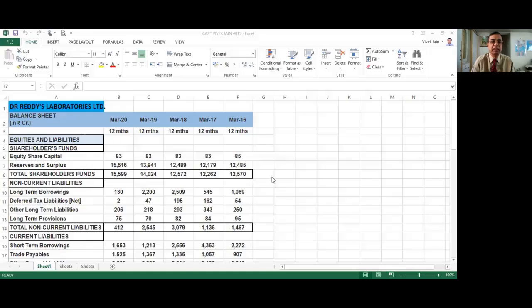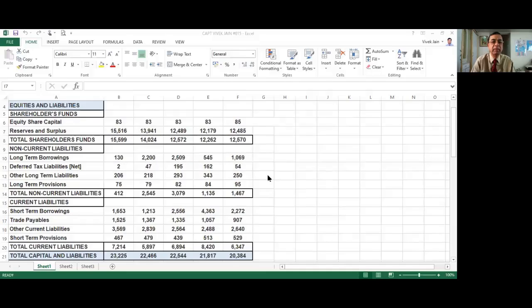With reserves and surplus added to equity share capital, it is called total shareholders funds. This shareholders fund is also actually a part of liability because this has already been invested and given to the company.